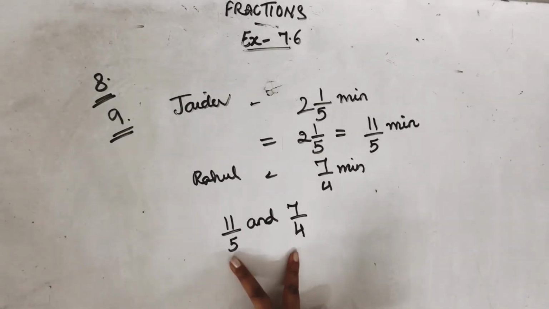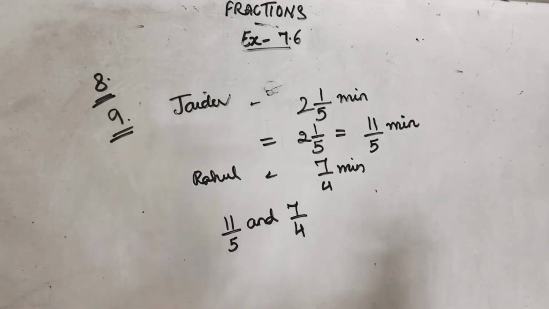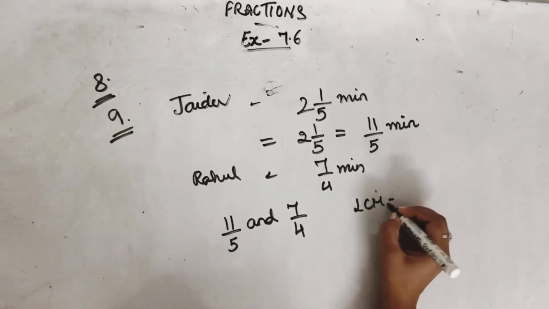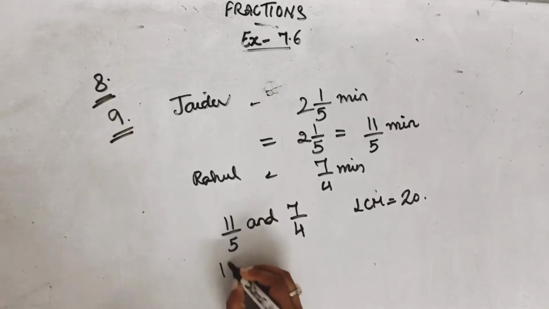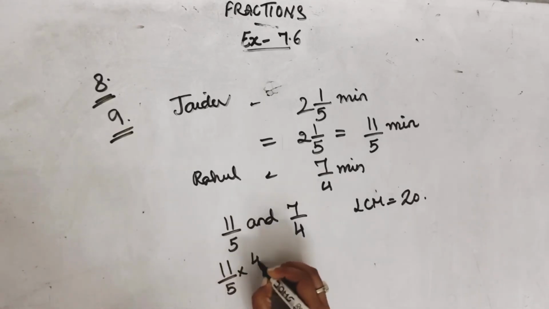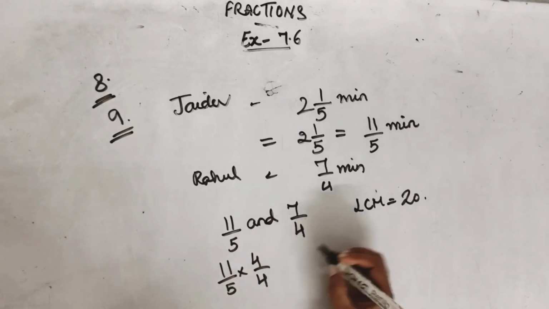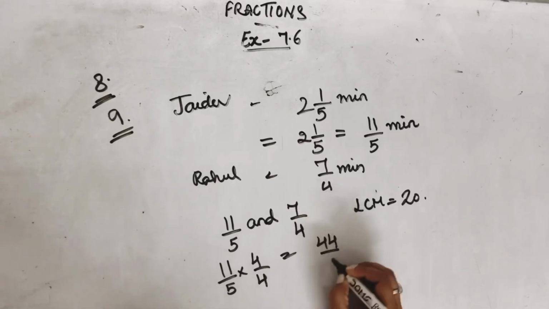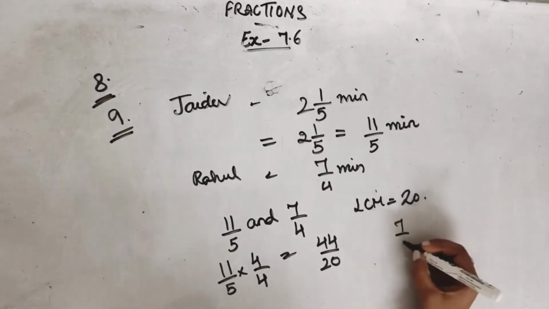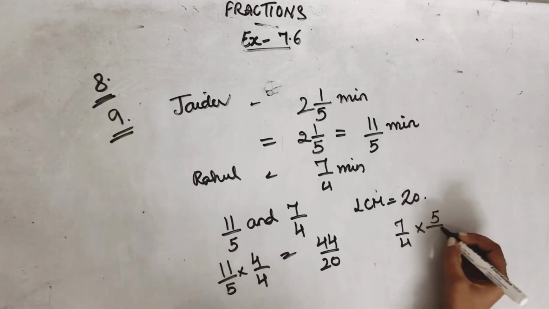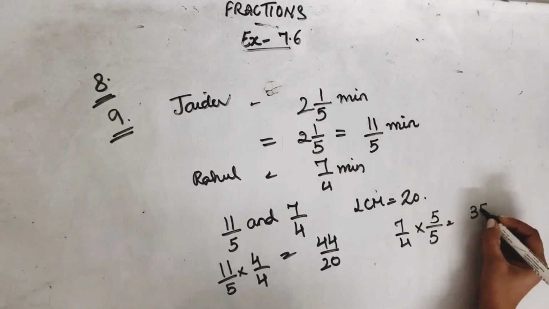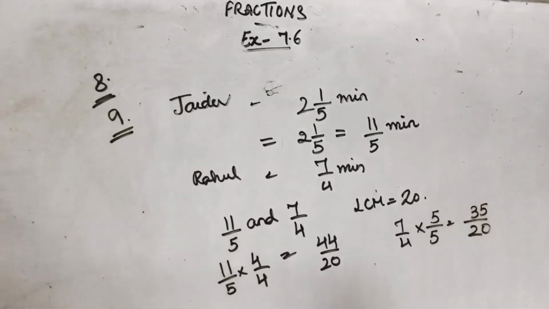So LCM of both the denominators, 4 and 5 का LCM is 20. So 11 by 5 into 4 by 4. It is equal to 44 by 20. 7 by 4 into 5 by 5, which is equal to 35 by 20.